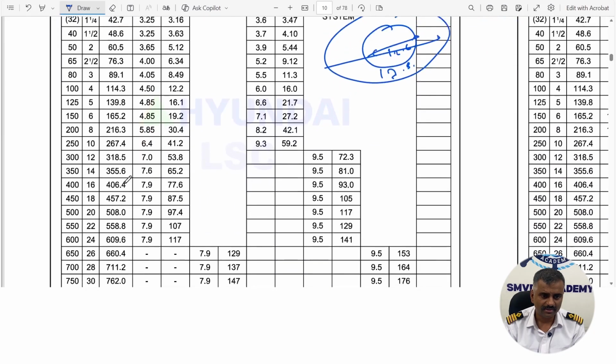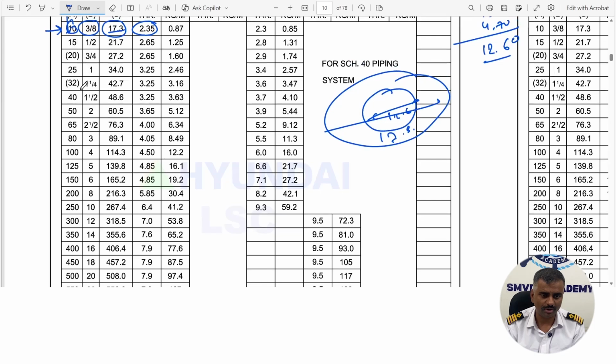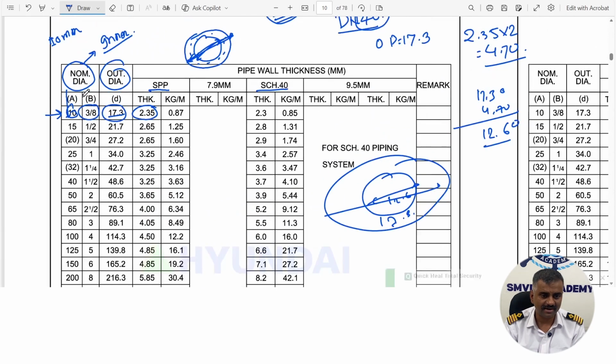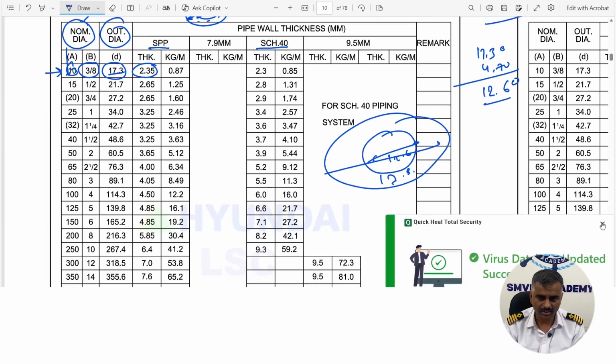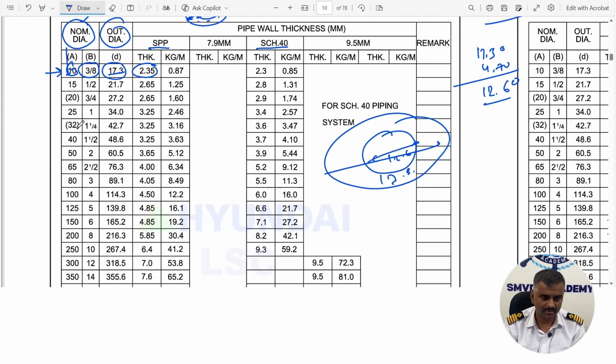There can be numerous nominal dias, but to keep it a standard value, not coming in decimals, it will be a whole number: 100, 125, 150. This will be the pipe number, that is the nominal dia.